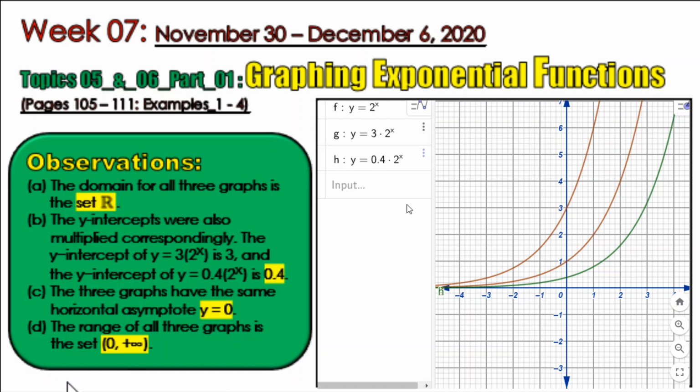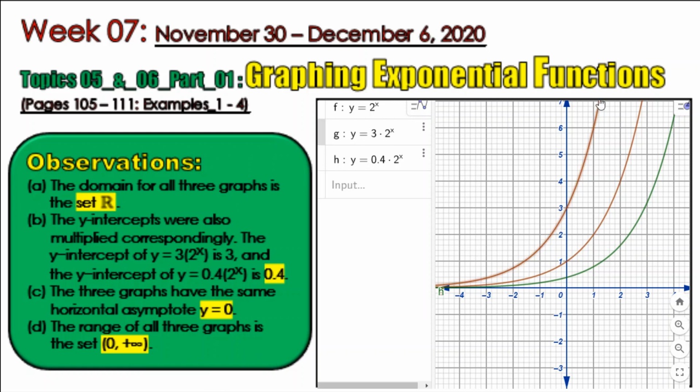Okay, so next we have the y-intercepts were also multiplied correspondingly. The y-intercept of y is equal to 3 times 2 raised to x is 3, and the y-intercept of y is equal to 0.4 times 2 raised to x is 0.4. So this time we are talking of y-intercept.